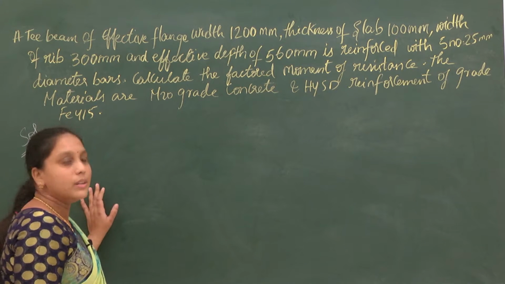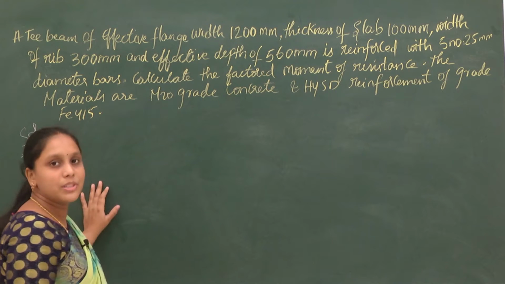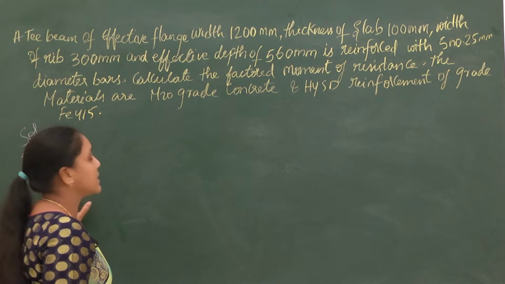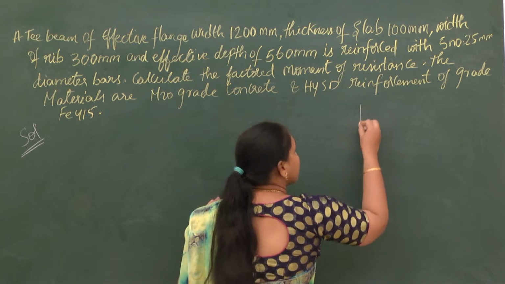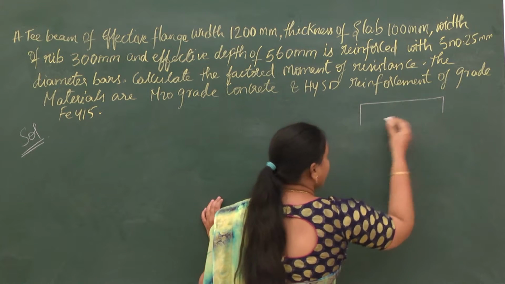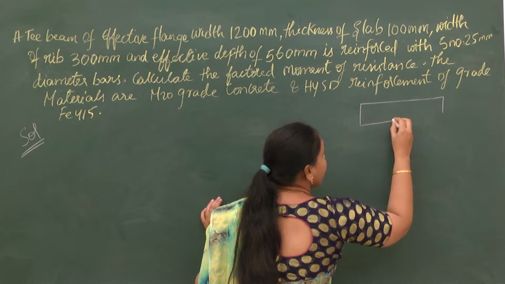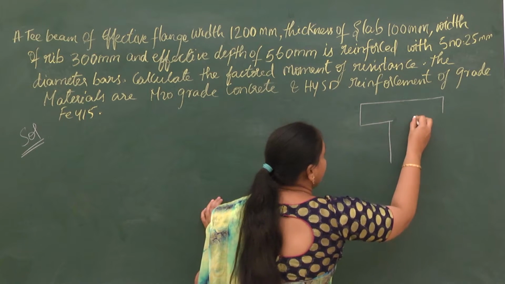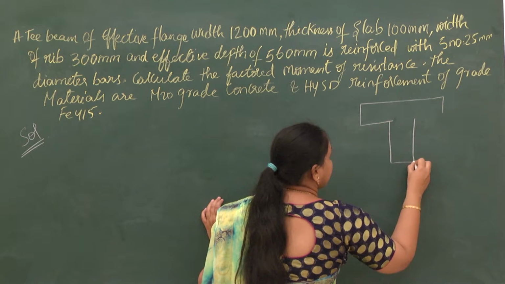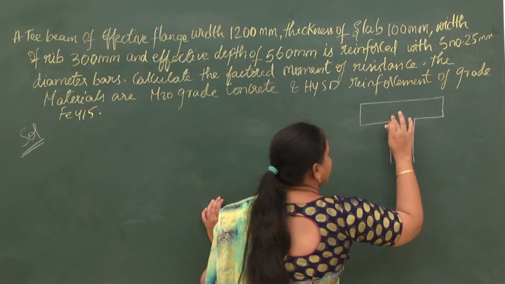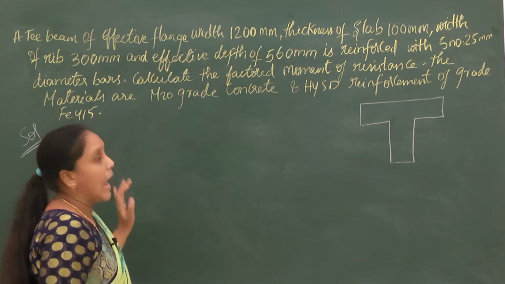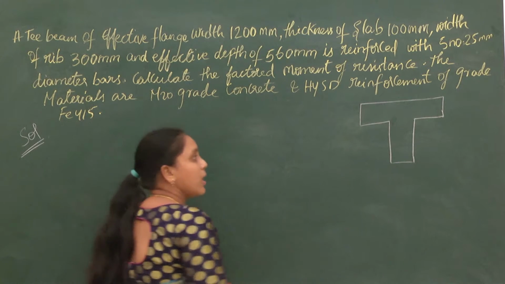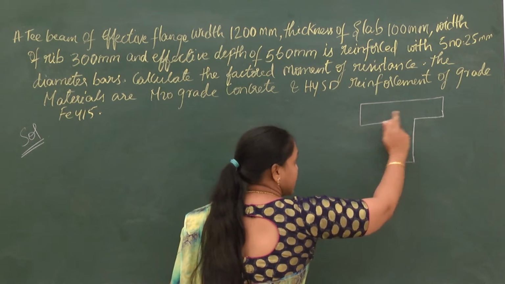So what type of beam is considered here? In the question he has considered a T beam. So let us draw a T beam of effective flange width. This is the flange.